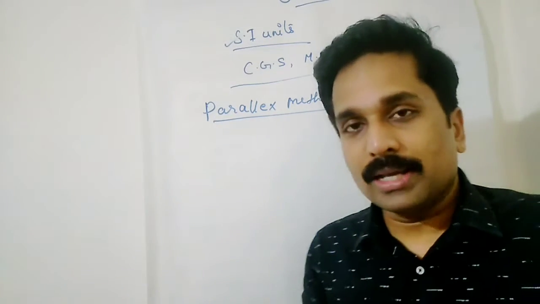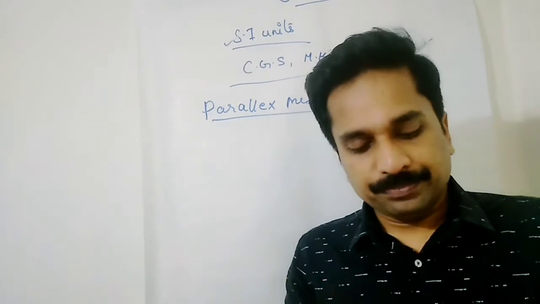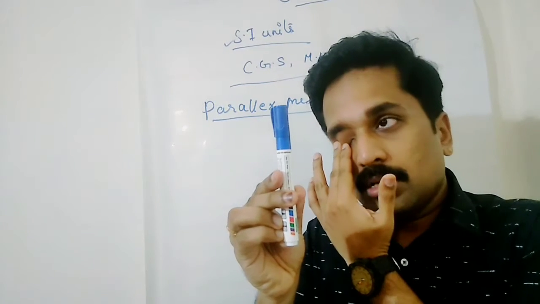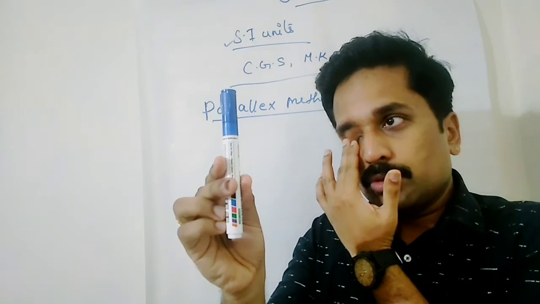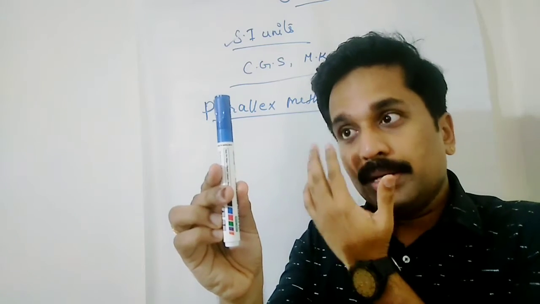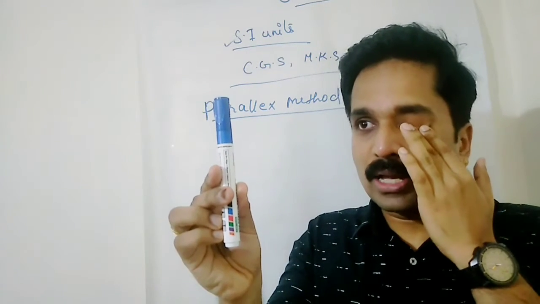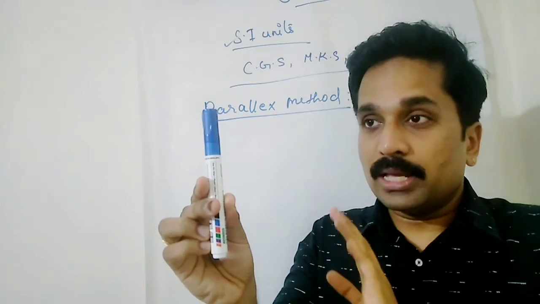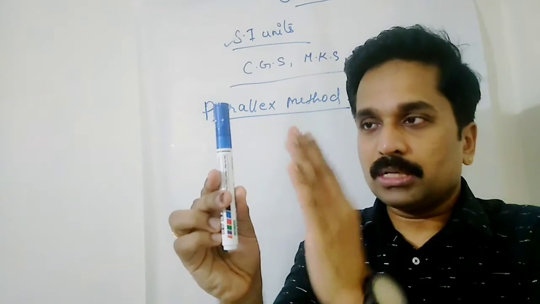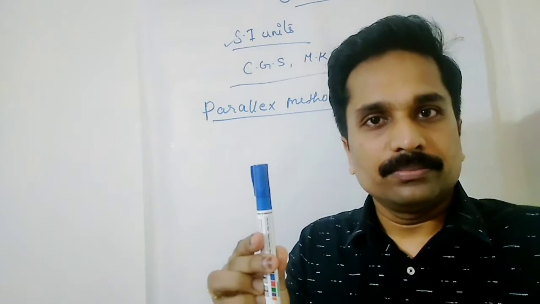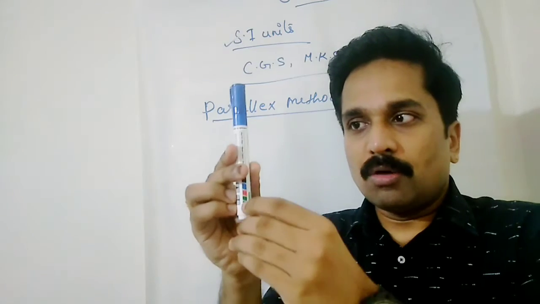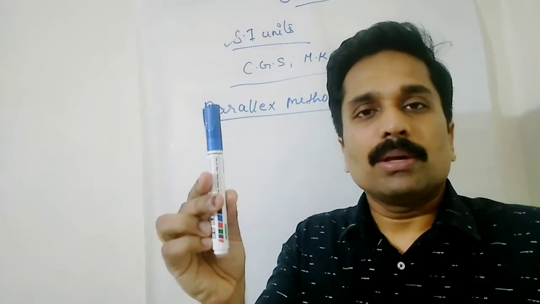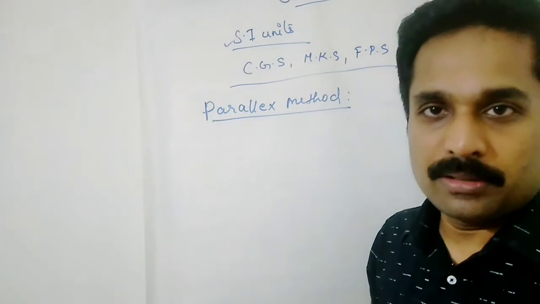I will tell you an example. Just take a pen, close your right eye first. You can see this pen at one position. Now repeat the same experiment by closing your left eye and see the position of the pen. There is a change in the position of the object with respect to the background. That method is known as parallax method.